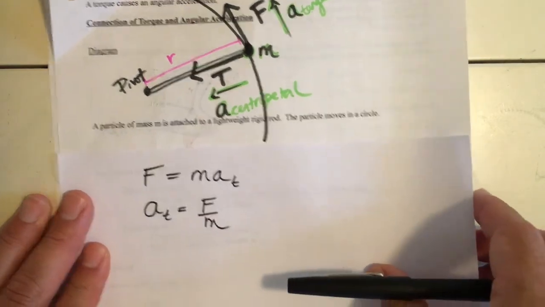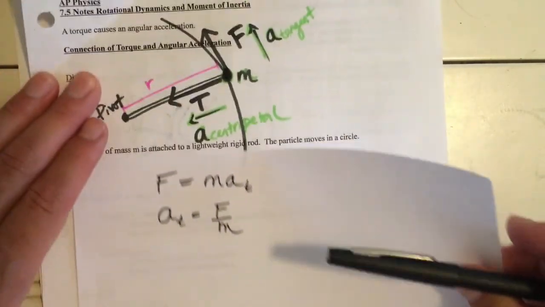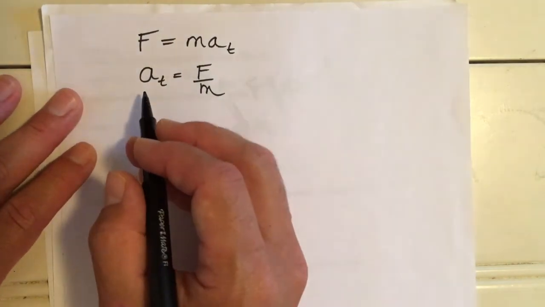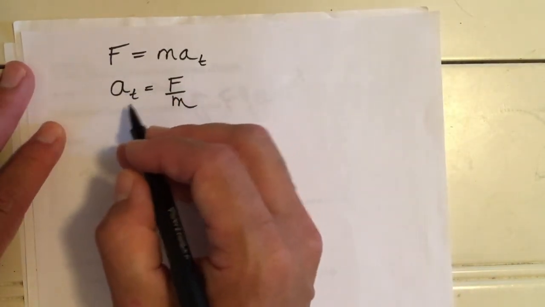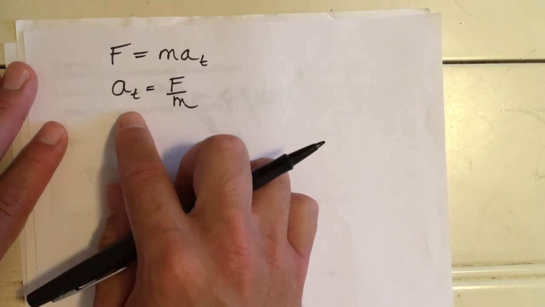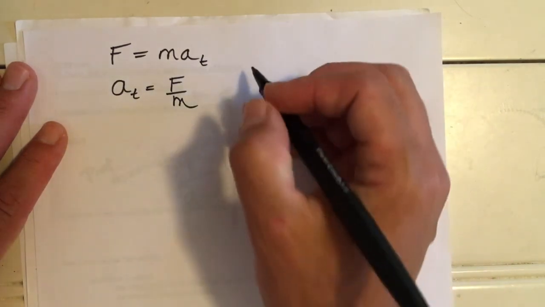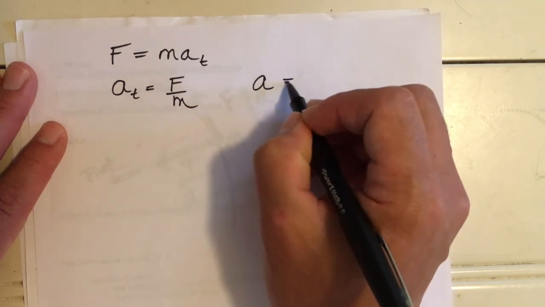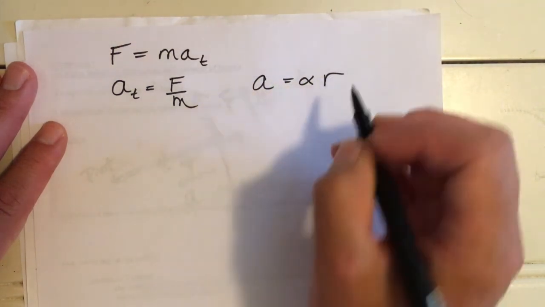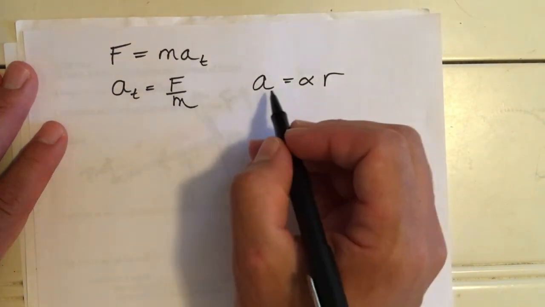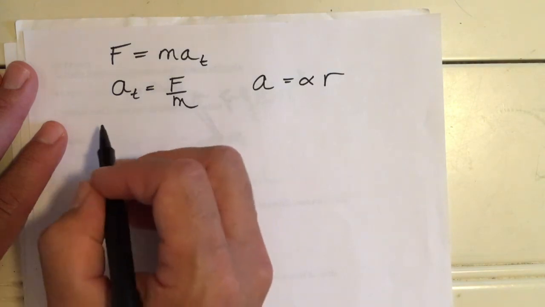And from there, remember we had equivalents for translational motion or linear motion to get to rotational, right? And we said that acceleration is equal to alpha times r. We just take the angular equivalent multiplied by r. So let's go ahead and sub that in right here.